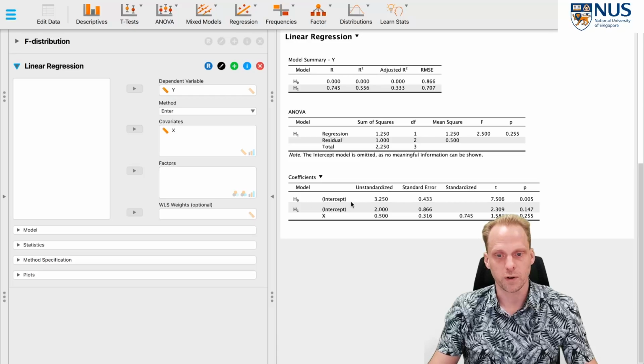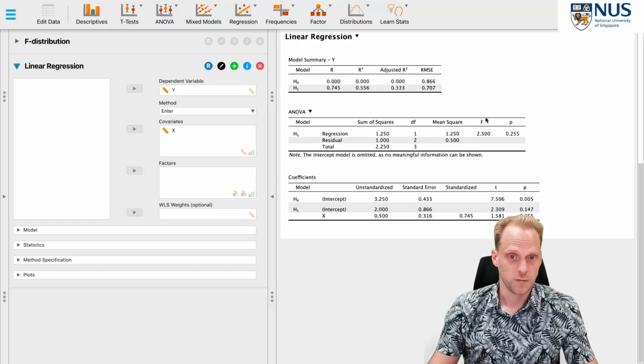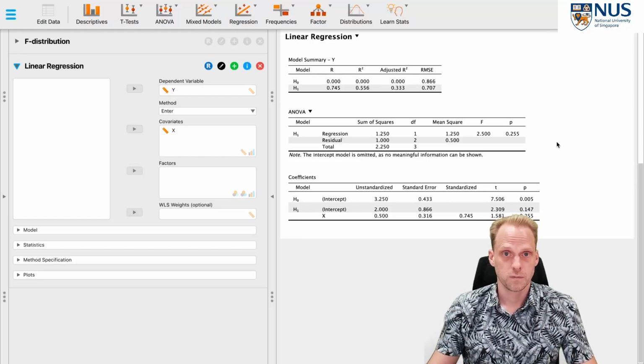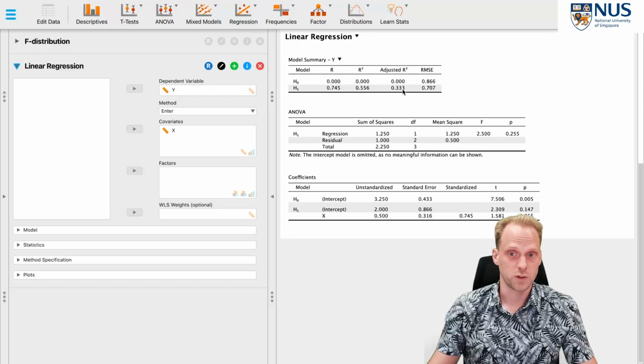Right, so this is a model where we only have a mean, which is not that relevant. We don't really care about that. So the F value then would say, okay, how much do all the regression coefficients combined explain in the data? We can also here see the R squared and an adjusted R squared, which adjusts for the number of predictors.